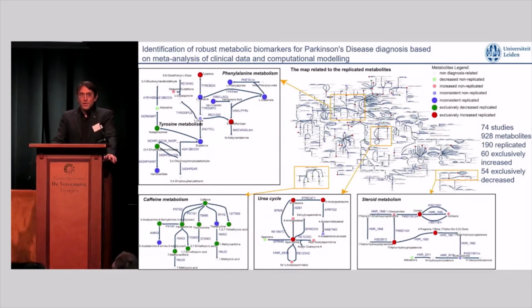And she found 928 metabolites reported to be associated with Parkinson's disease. Only 190 of those were replicated in more than one study. Out of those 190, 60 were reported to be exclusively increased, and 54 exclusively decreased, and the other ones were sometimes increased, sometimes decreased.